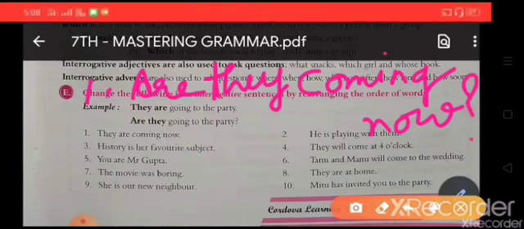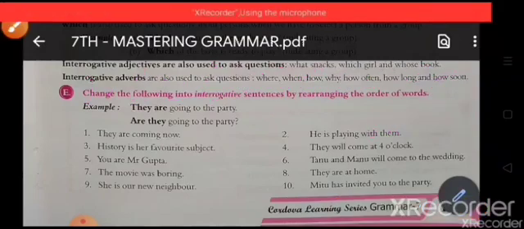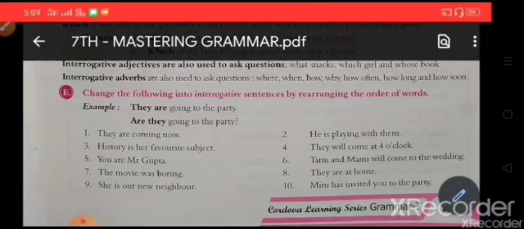And always put a question mark after the sentence. Are they coming now? So this is the first answer. Now second, he is playing with them.